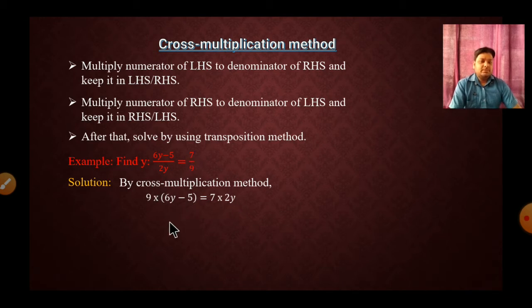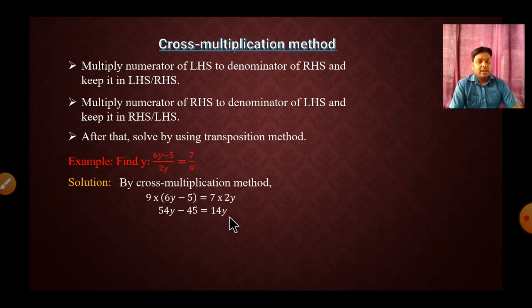Now let's multiply. Here 9 is outside and 6y minus 5 is inside, so we will multiply each term of this binomial with this monomial. So 9 into 6y is 54y, and 9 into 5 is 45 with a minus sign. And 7 into 2y is equal to 14y.